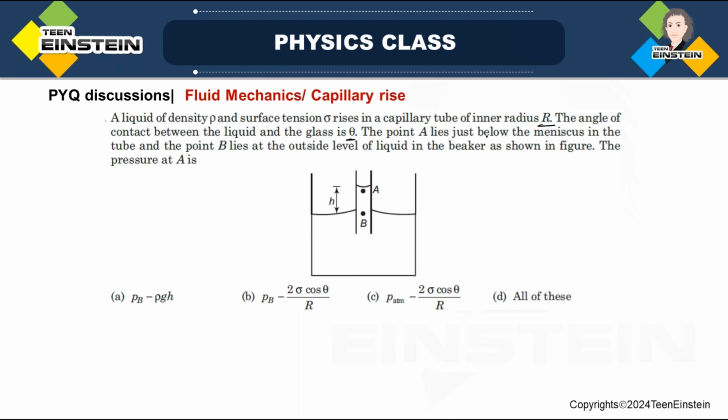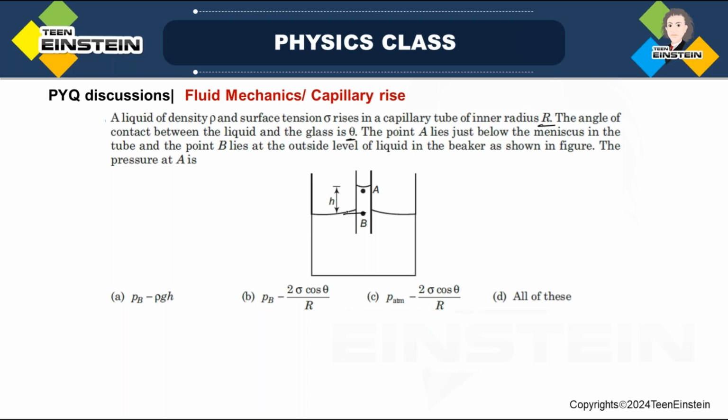The point A lies just below the meniscus in the tube, and the point B lies at the outside level of the liquid in the beaker, as shown in the figure.